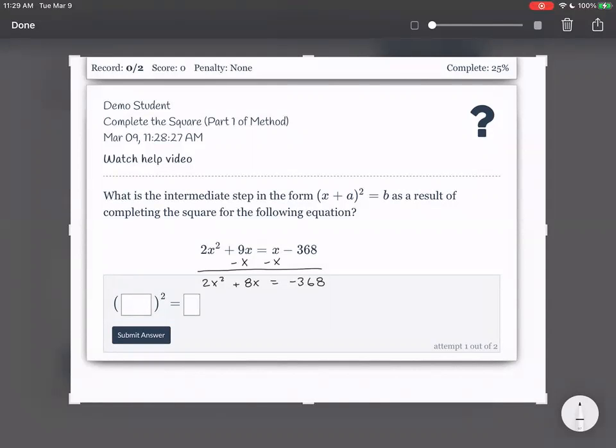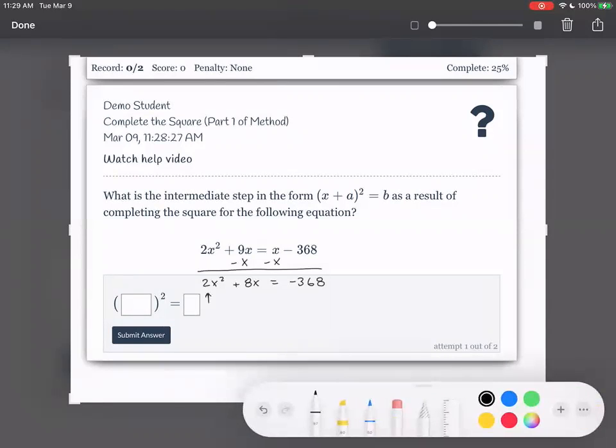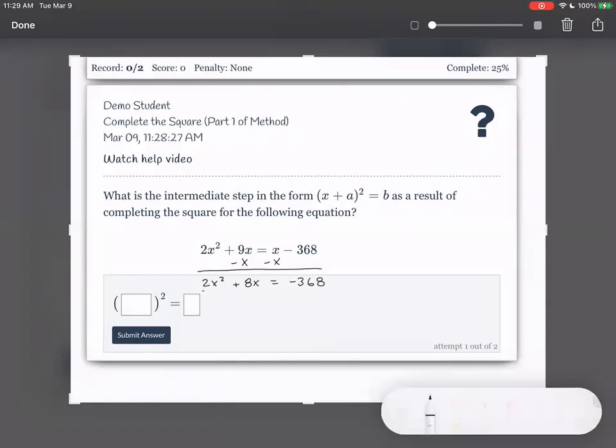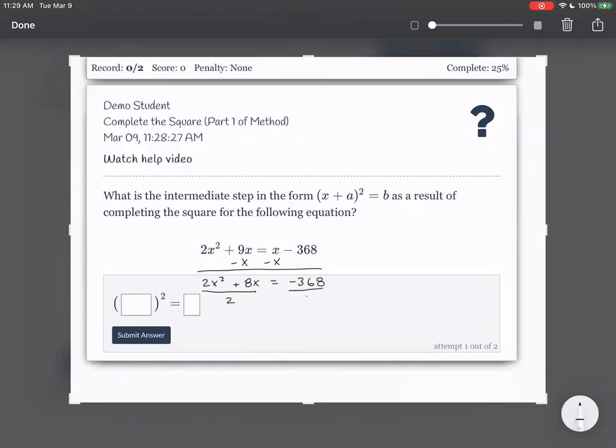And then notice that it says 2x squared plus 8x. We don't like the 2 over here. So to get rid of it, since it's being multiplied to the x squared, we're going to divide by 2. Whatever you do on one side, you must do on the other. So I'm dividing both sides by 2.